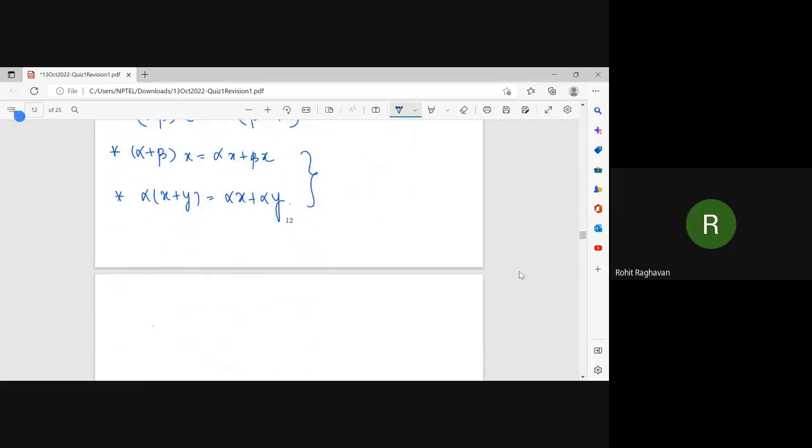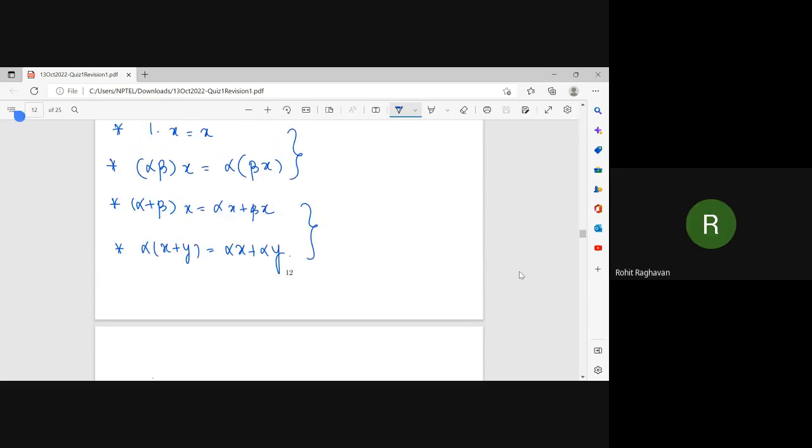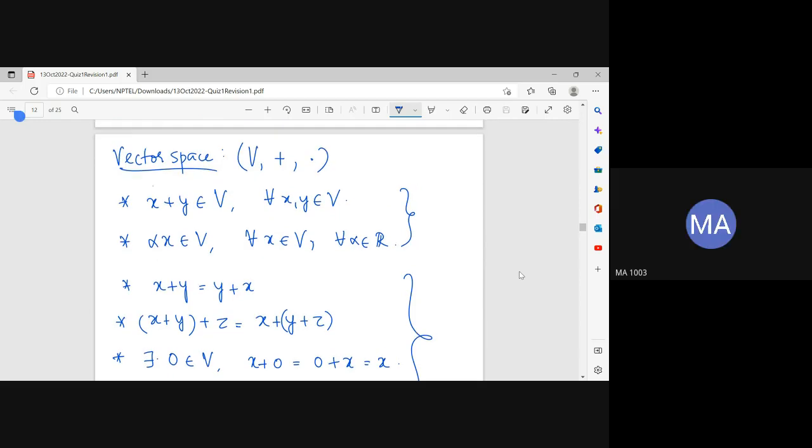Ma'am, just one query. If the question asks for proving or checking whether a set of elements forms a vector space, then all the 10 conditions are required. Yes. Otherwise, if it asks for a subspace, then only 3 are required, including 0, 0. And in a vector space, is 0, 0 required?